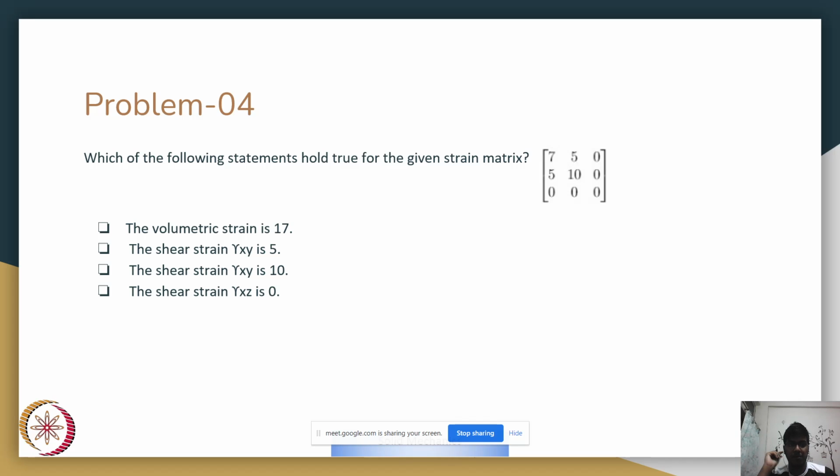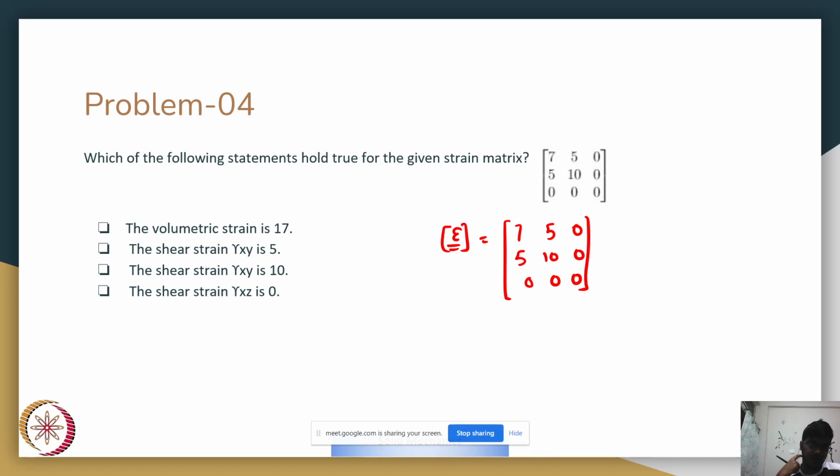Okay, the fourth problem asks which of the following statements hold true for the given strain matrix. So we are given a strain matrix: 7, 5, 0, 5, 10, 0, and 0, 0, 0.